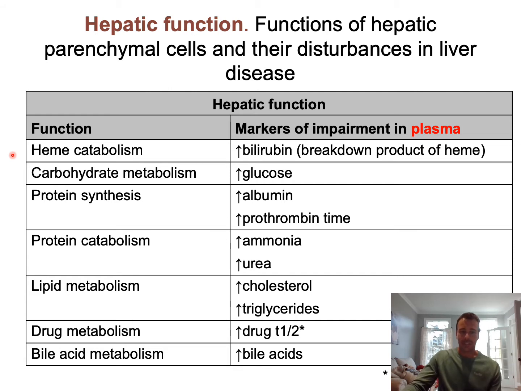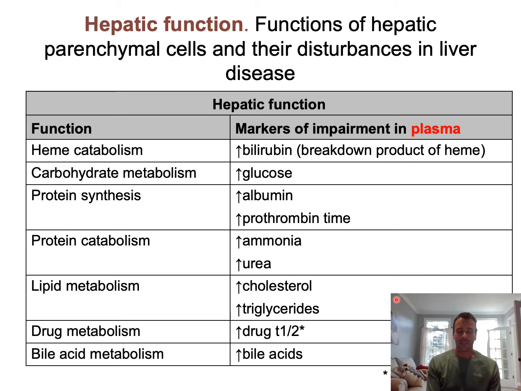Protein synthesis and protein breakdown: for protein synthesis, you can see changes in albumin and prothrombin time. For protein breakdown, you can see higher levels of ammonia and urea in the plasma. Lipid metabolism, if that's impaired, you can see higher levels of cholesterol and triglycerides.